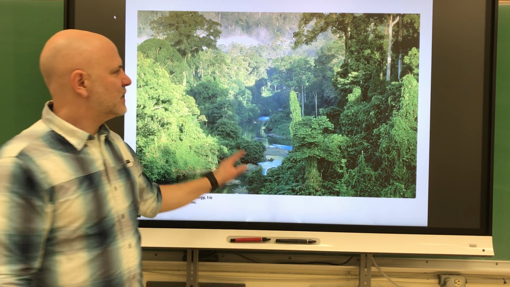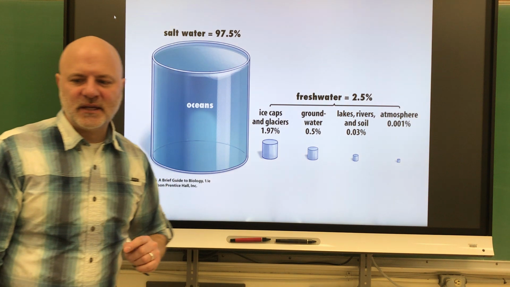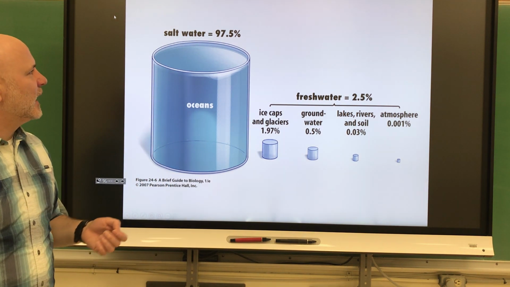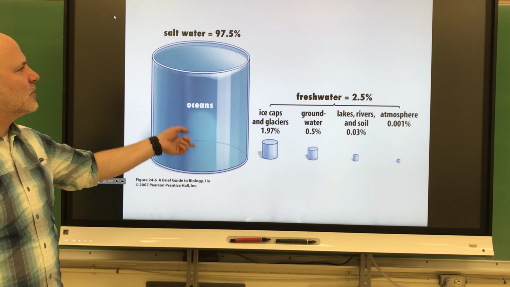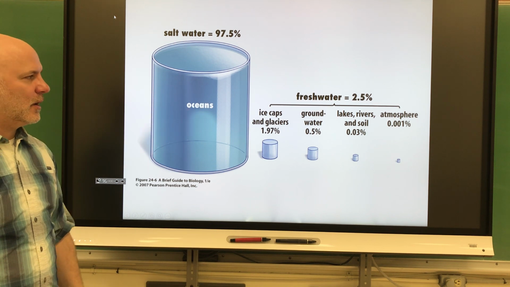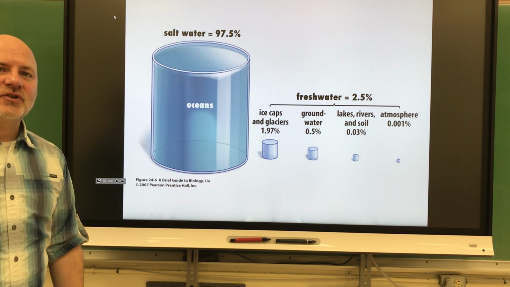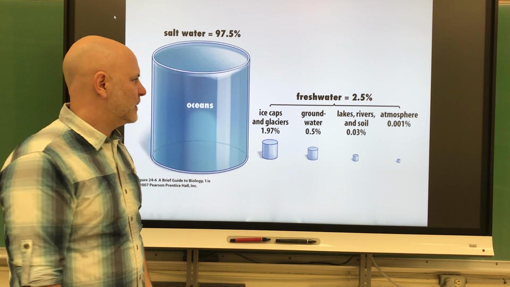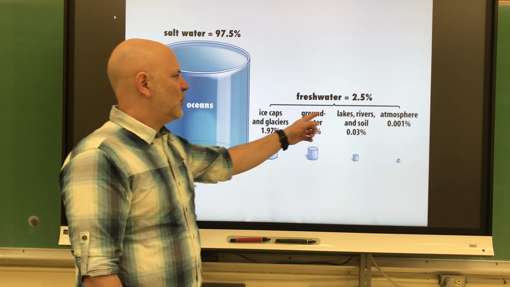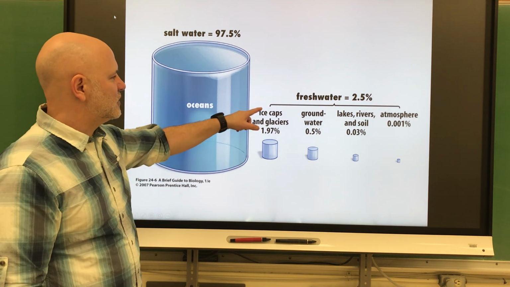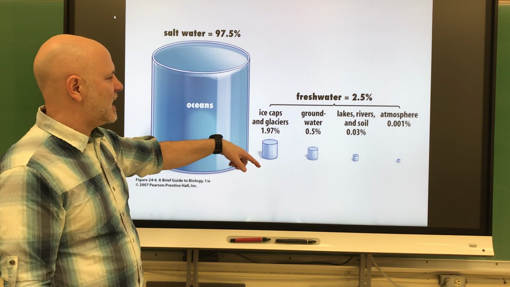Now let's take a look at the water that we have on our planet. Most of the water on our planet is salt water. It's undrinkable to us because the desalination process is very expensive. This is showing fresh water, which is in ice caps and glaciers.